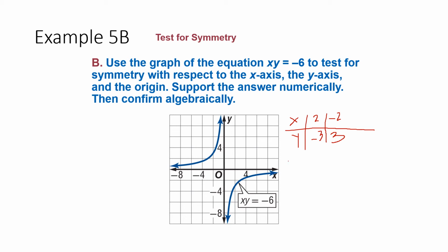What do I mean? For every point (x, y), the graph contains the point (-x, -y). Not like the one we just said, symmetric about the y-axis, where only the x changes sign. Here, both of them change signs. So for every point (x, y) on the graph, there is a point (-x, -y).